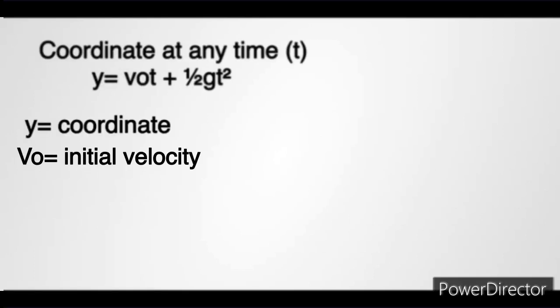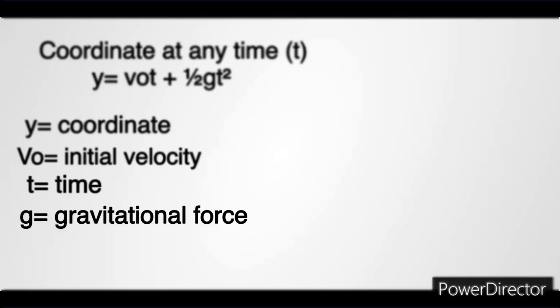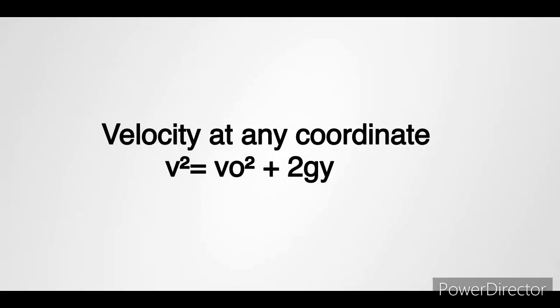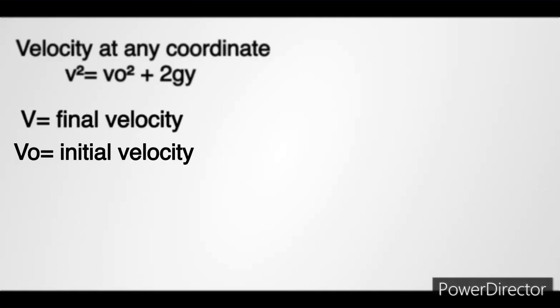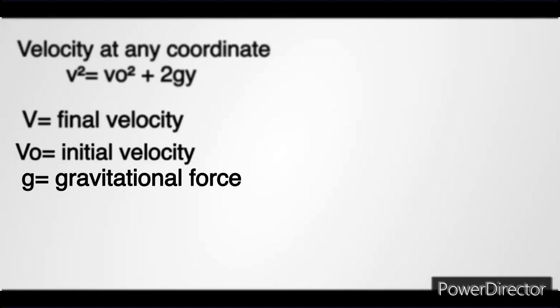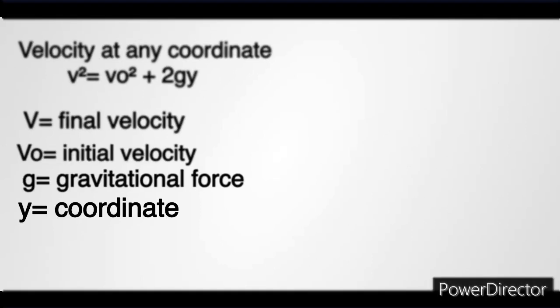For the velocity at any coordinate, v² = Vo² + 2gy, where v is the final velocity and y is the coordinate.